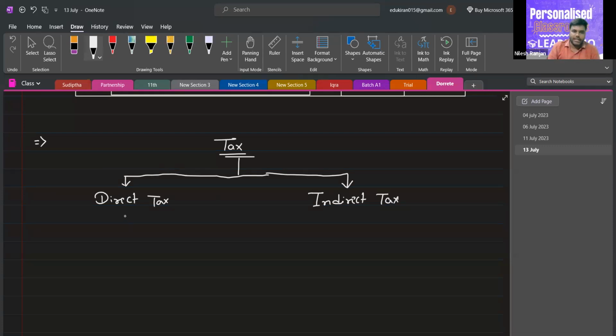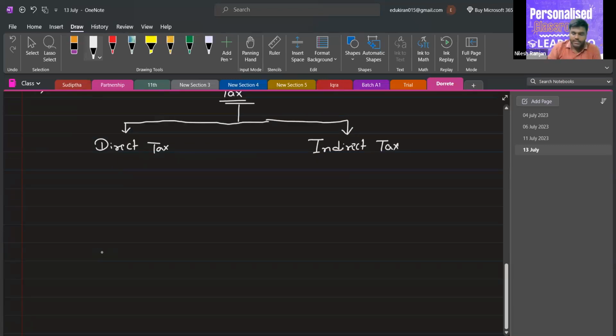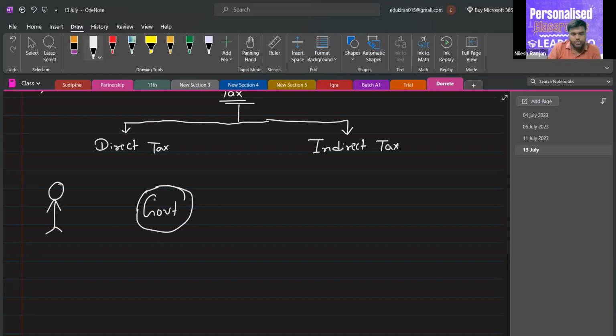Now, what is direct tax? Let's understand this by example. This is a person here, and this is the government. Every person needs to pay their taxes to the government.